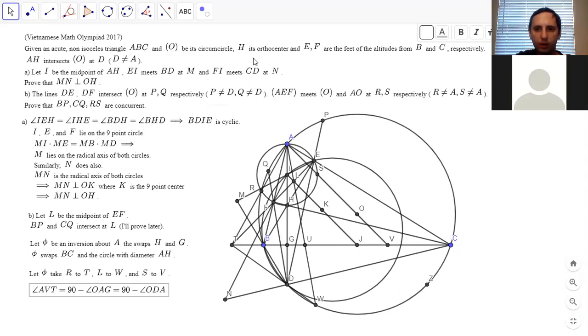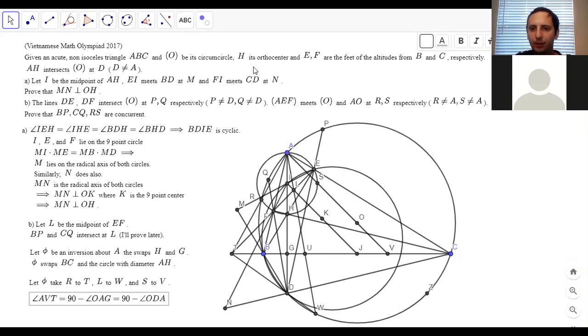Let me check the chat. Oh, we didn't prove yet that DW and T are collinear. So okay, I'll just copy that angle chase. So I agree, we should prove that DW and T are collinear.